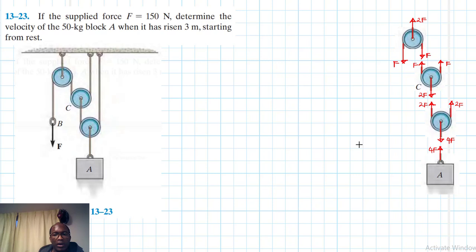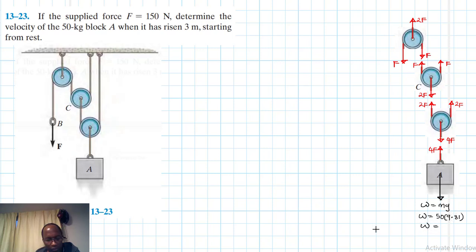Alright, so we are going to have some weight there. This weight is just equal to W equal to mg, and this W is just equal to 50 times 9.81.